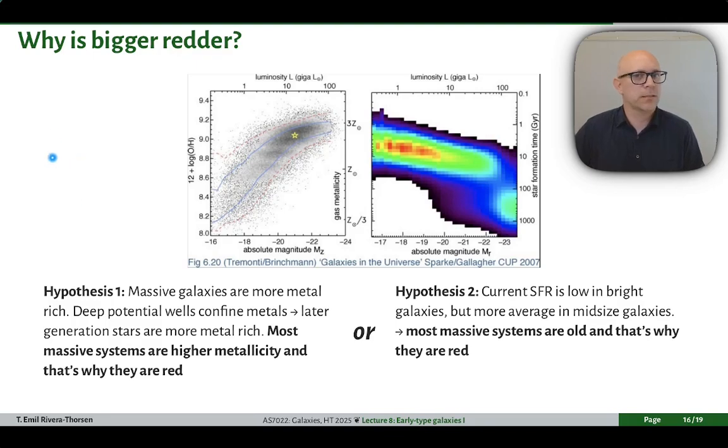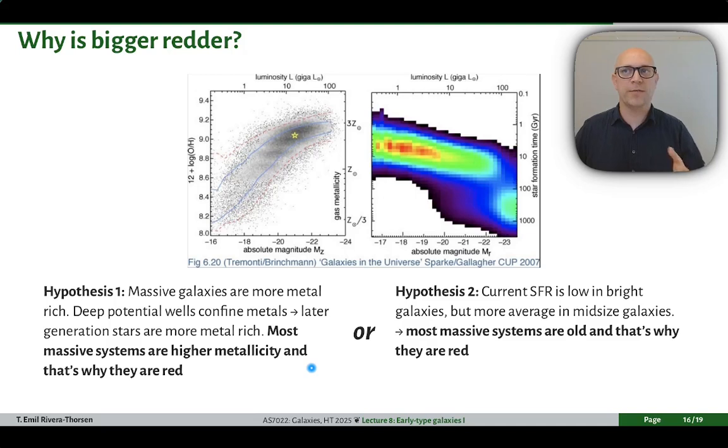Why is this? And so there has historically been two main hypotheses trying to explain this. The first hypothesis is that massive galaxies are more metal-rich, and therefore they will also become redder. This will happen because deep potential wells will confine the metals.